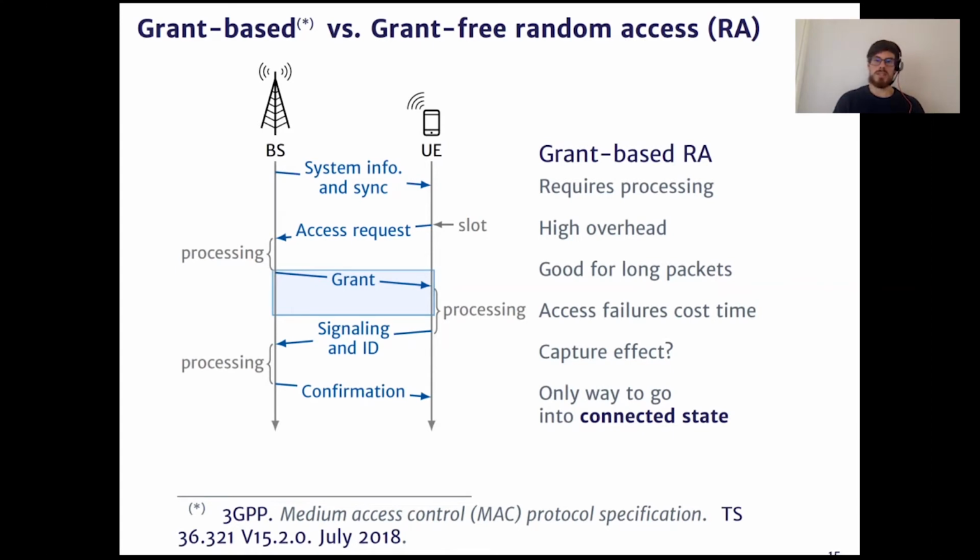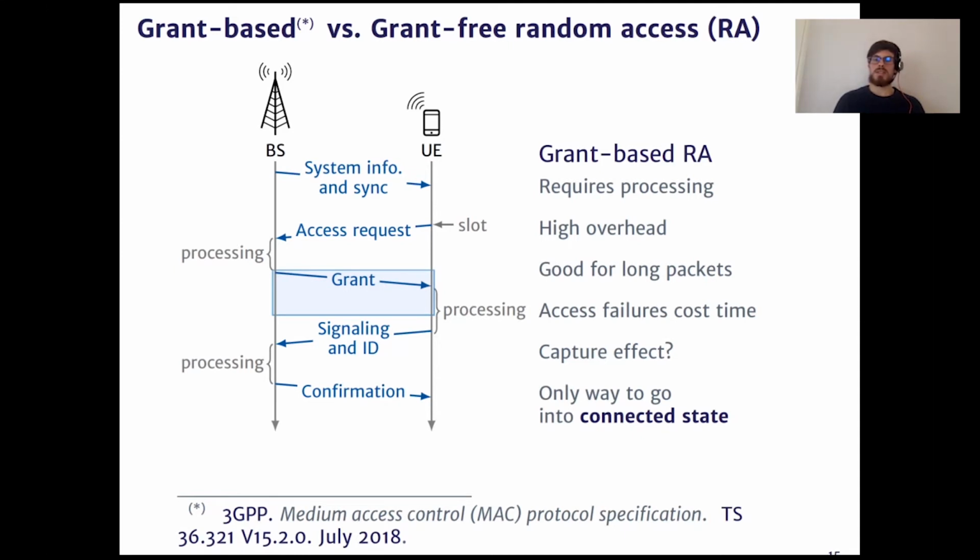Yes, it has a big overhead in general. It requires some processing. Access failures can cost some time. But if you're going to transmit long packets or being connected for a long period, then this will pay off in the end, because then you will have a connection. This is the only way to go into a connected state. Then you will have some resources allocated for you. That's quite fine.